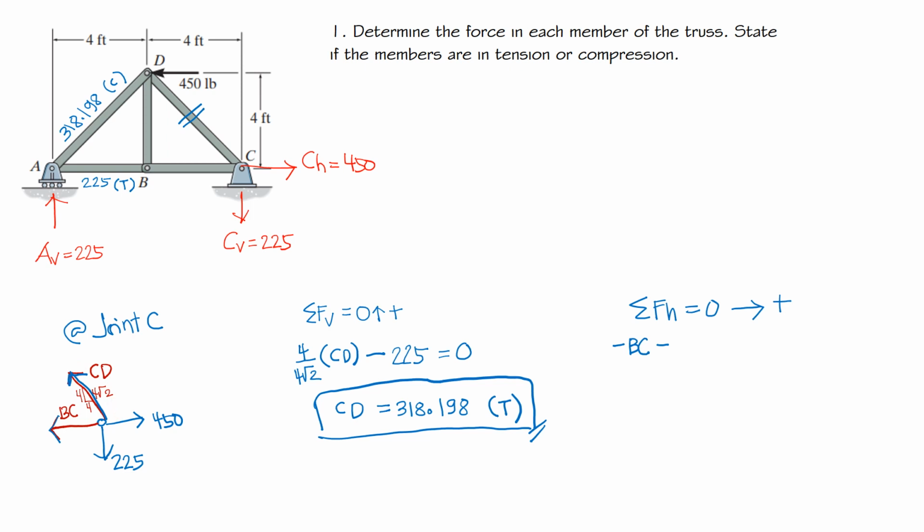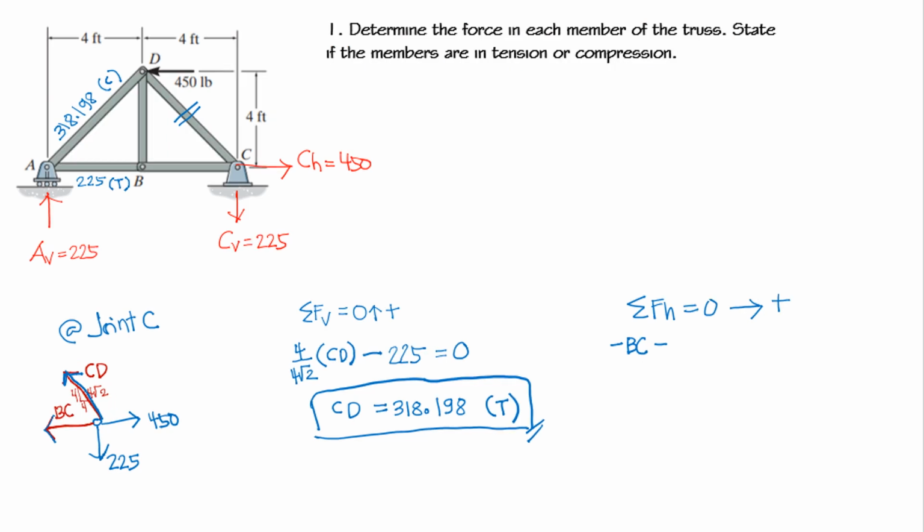So that becomes 4 over 4 square root of 2 multiplied by CD, but CD has been solved to be 318.198, so let's directly substitute it.